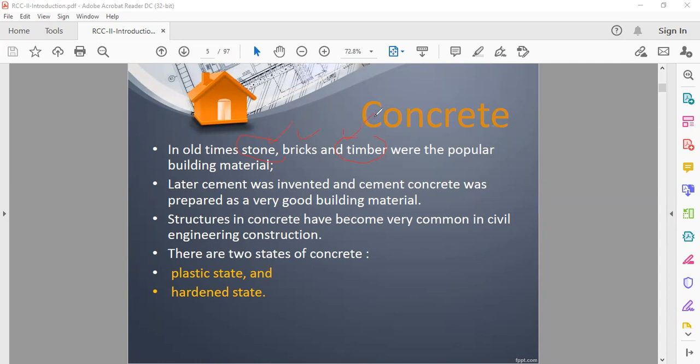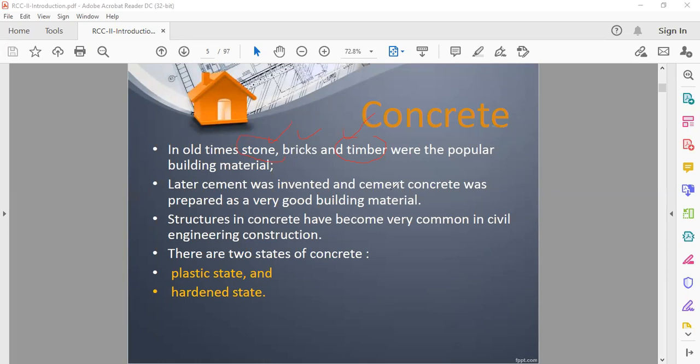Even if you visited ancient buildings, you might have seen stones, bricks, and timber. Those were the only three popular materials earlier. Afterwards, cement was invented, and then cement concrete became a very good material for construction. And nowadays, it has become very common to use it.